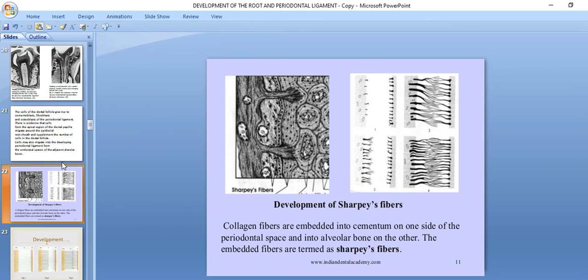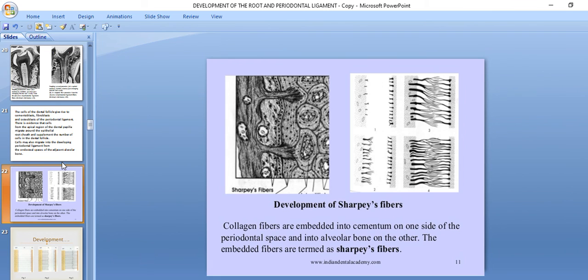In addition to the main connective tissue forming cells, osteoclasts also appear in the developing periodontal ligament at the alveolar bone surface, allowing bone to remodel in association with tooth eruption and growth. As the tooth erupts, there is little evidence of any significant bone deposition at the base of the sockets.